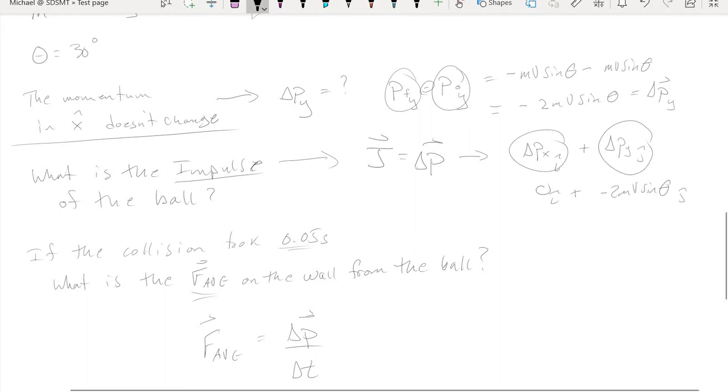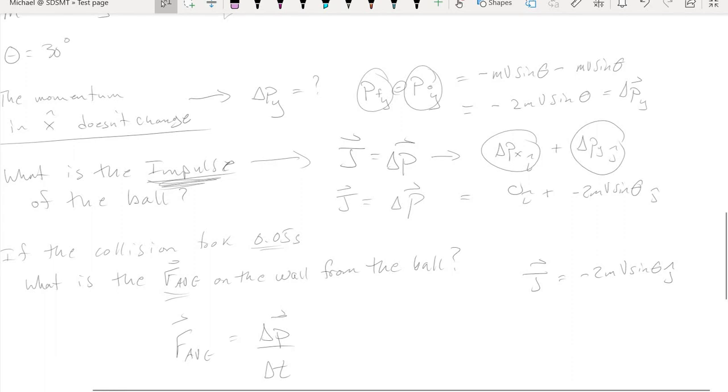We have a change of negative 2mv sine theta for the y direction, and that means that the overall change in momentum, or impulse, as we called it, is negative 2mv sine theta j hat. Everything that we're dealing with in terms of momentum and impulse are vectors. As such, they have to be treated according to vector direction.